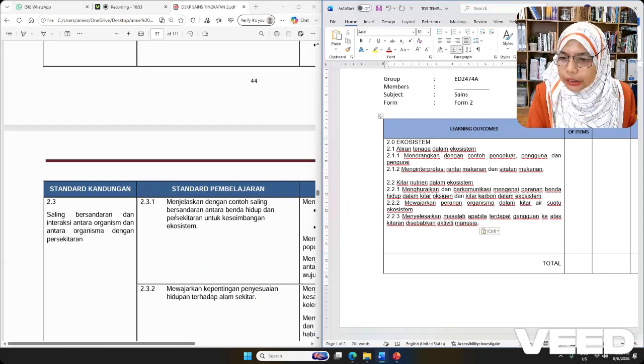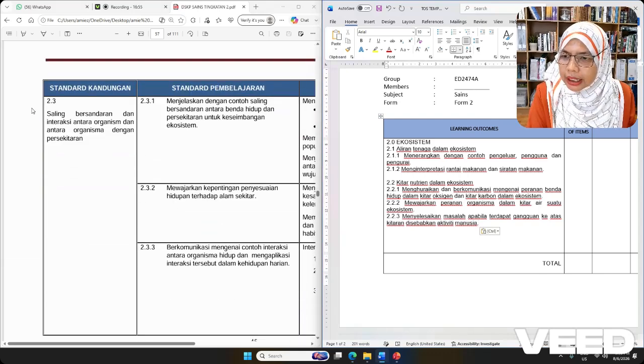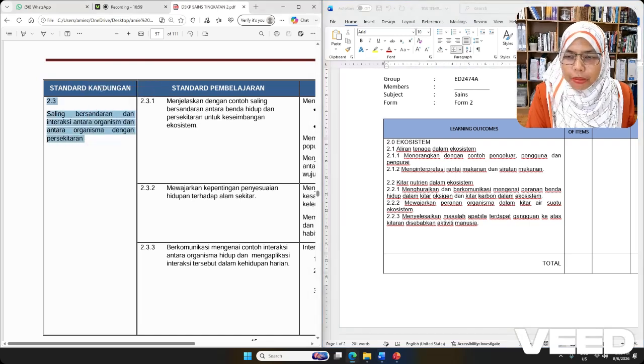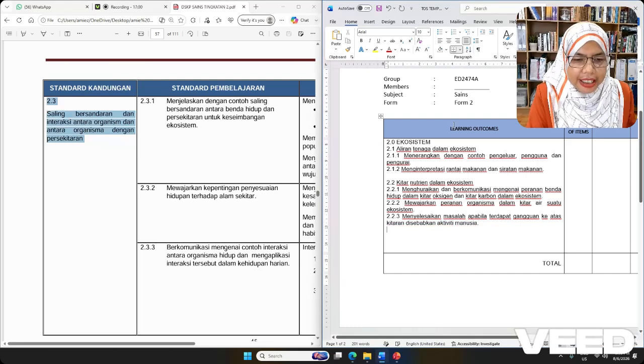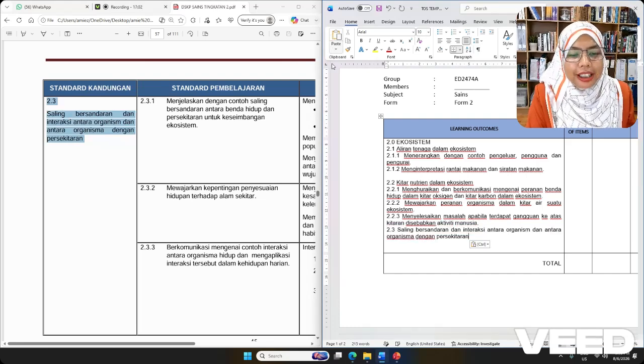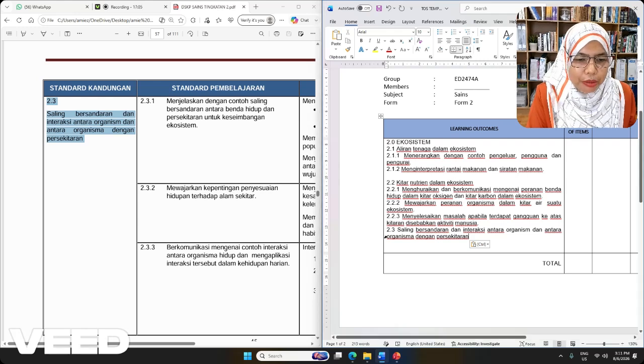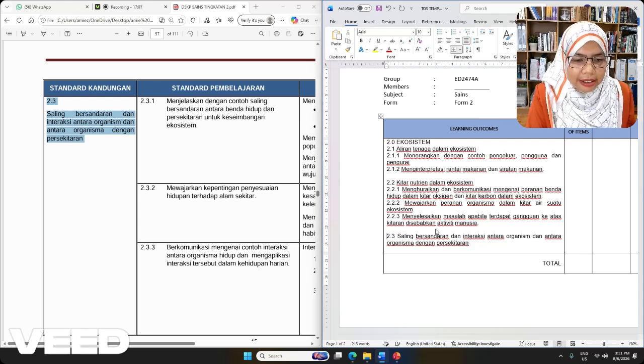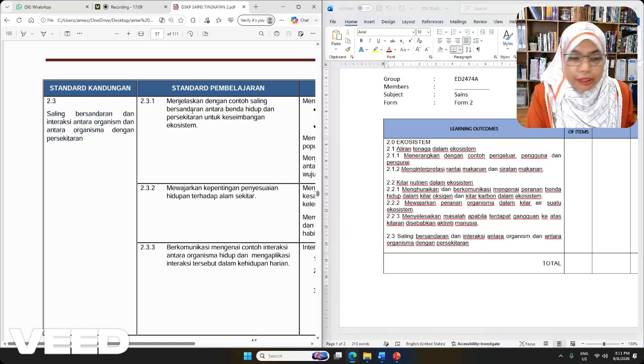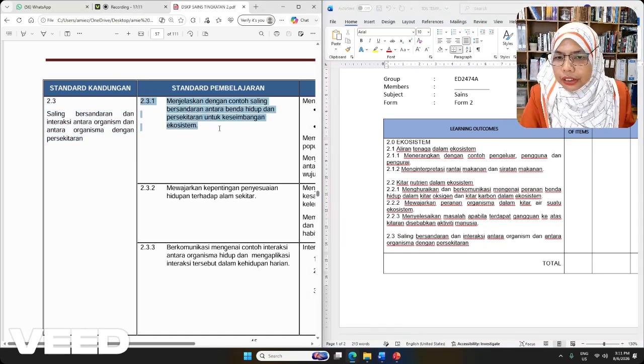Okay, so let's look at 2.3, menjelaskan dengan contoh. Boleh, oleh itu mari kita copy paste. So it's just a copy paste fiesta without much thinking at this point of our life. Okay, so maybe we want to keep this separate from the upper one, so that we can really see the differences in terms of content standard.